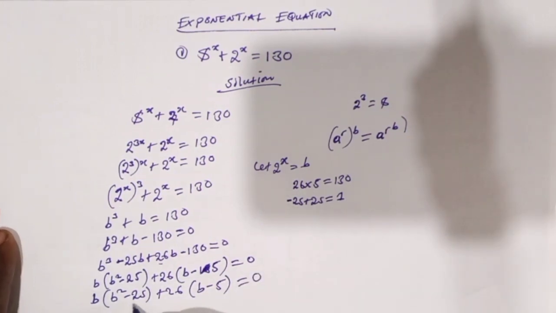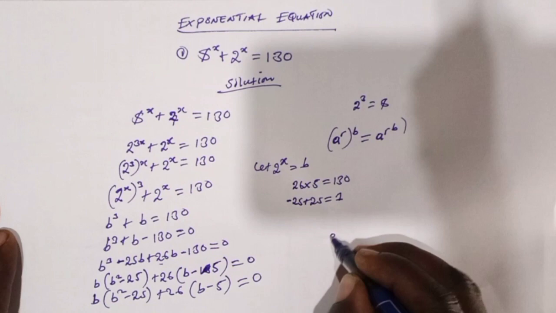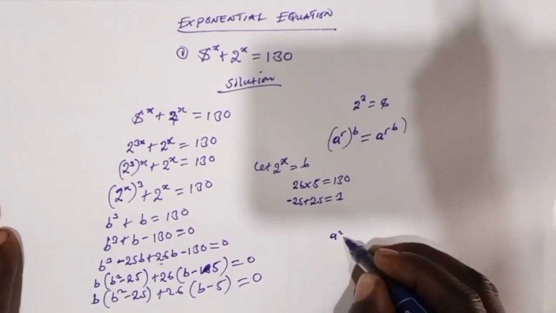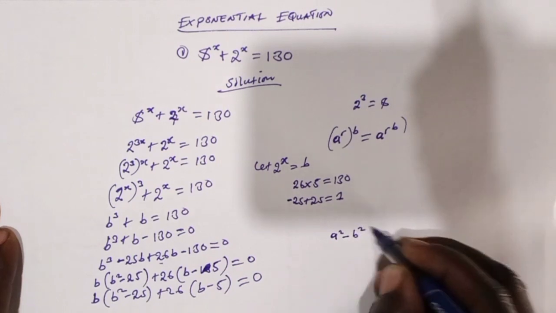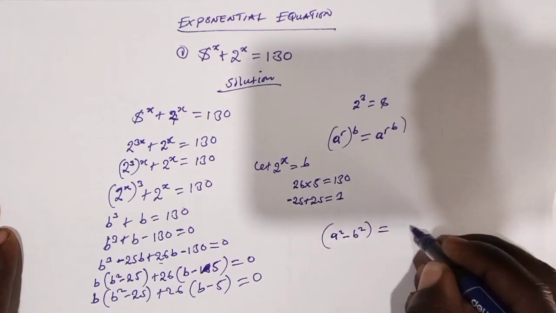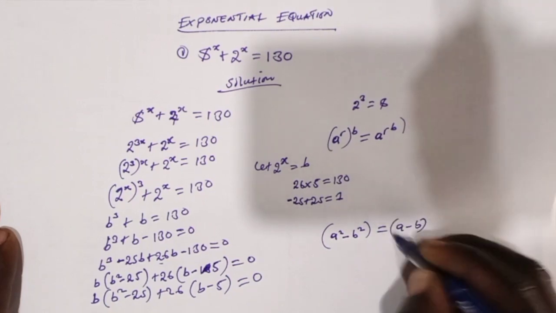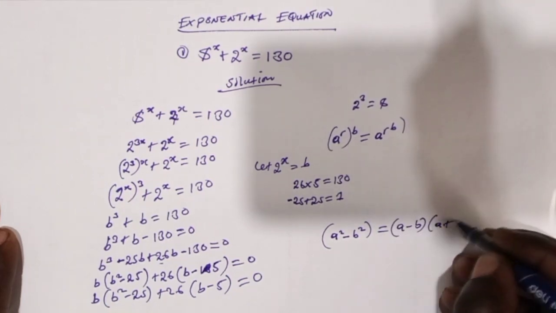If you can see, this is a difference of two squares. When you have a squared minus b squared in the bracket, it equals (a minus b)(a plus b).